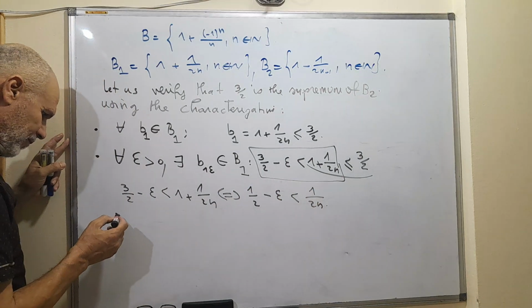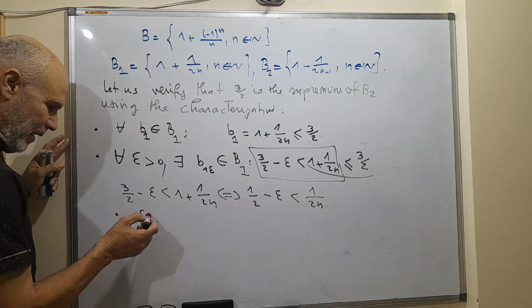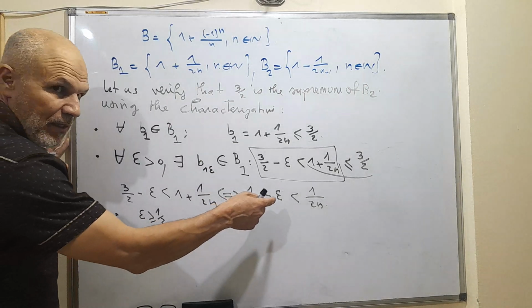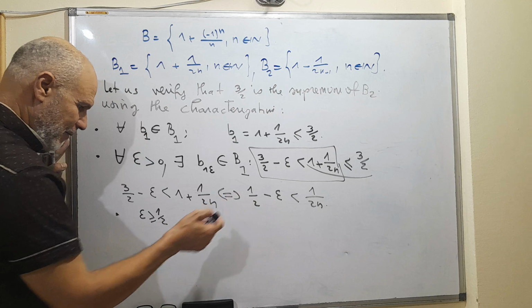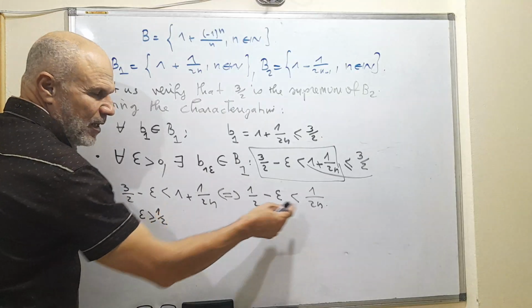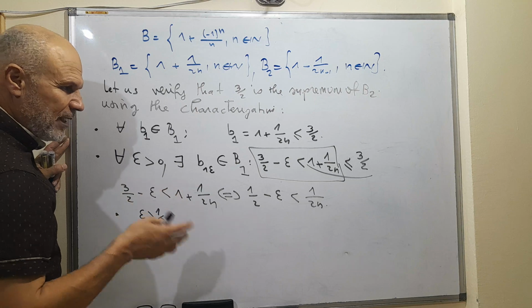If epsilon is greater than or equal to 1/2, the left side will be negative, and we know that all positive numbers are greater than all negative numbers.